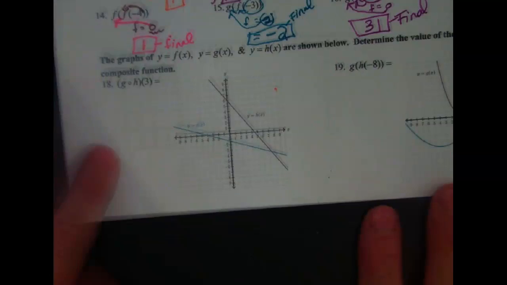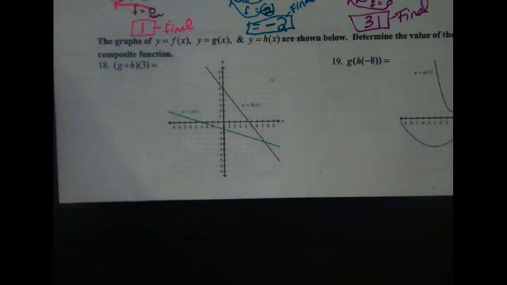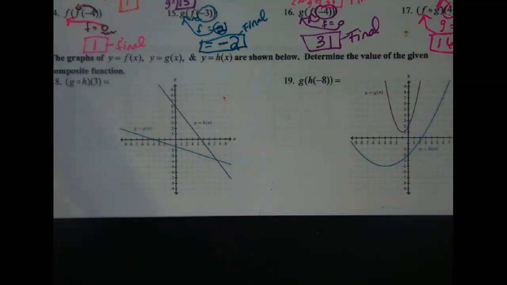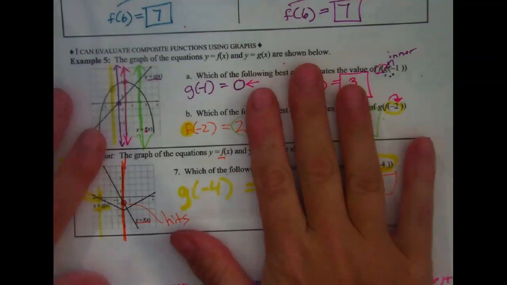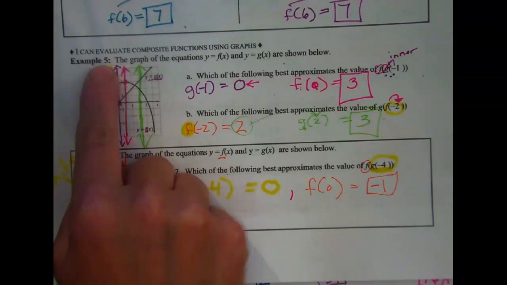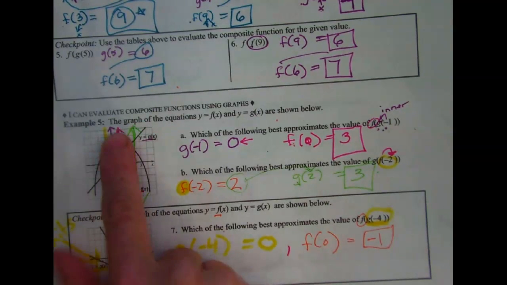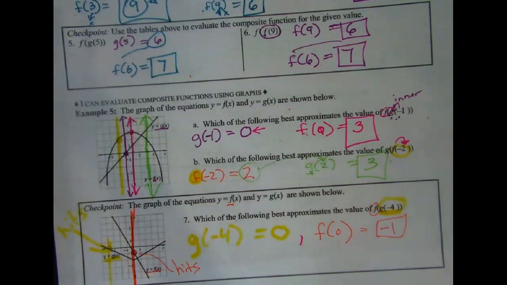Okay, we are going to switch gears one last time and look at the graphing part of this. So this would be example 5 on your note sheet. I just put it up here, example 5, back of our 1.3 note sheet. Again, remember here when we have graphs, I use different colors, but we kind of do the same thing, except we're drawing lines in and we're seeing where the graph hits.